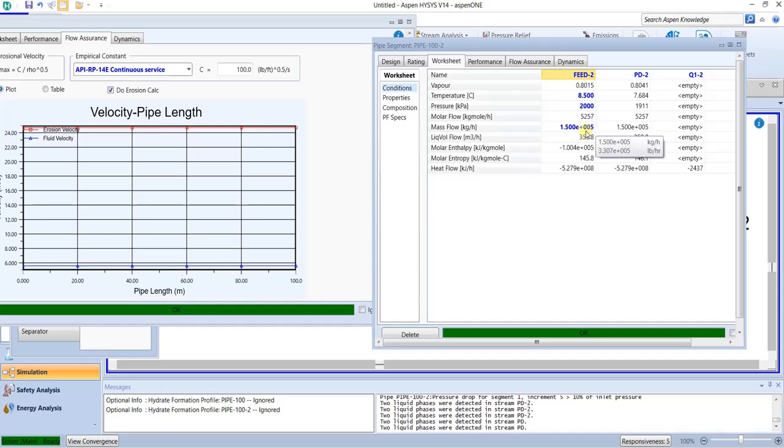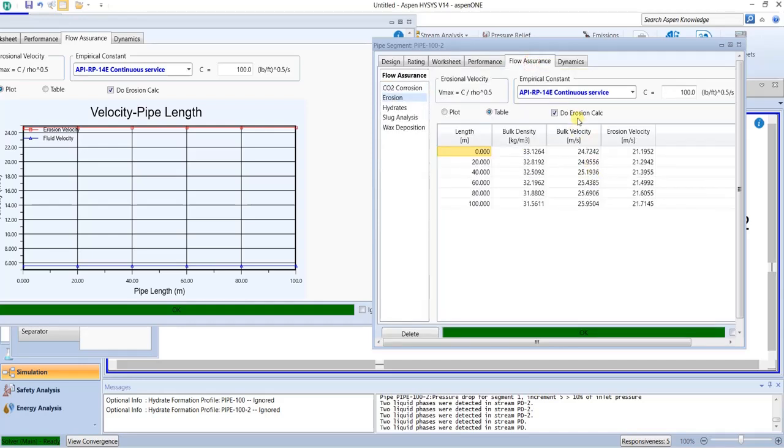So basically, I want to believe that that is what affected this particular pipe, and that is why erosion will actually occur, and you have the bulk velocity higher than the erosion velocity, right? So we have been able to see how some of these parameters can actually affect the pipe model, right, as regards erosion formation.